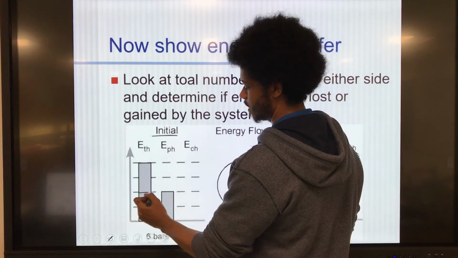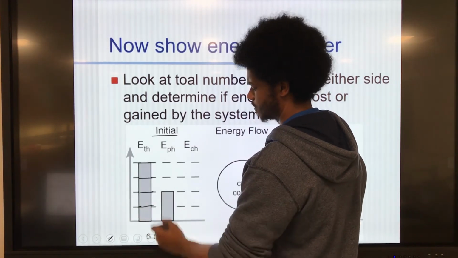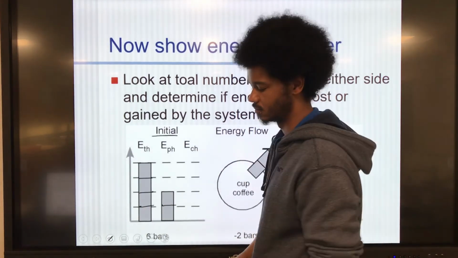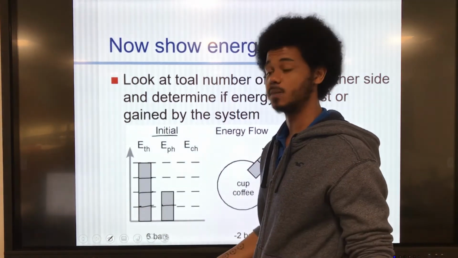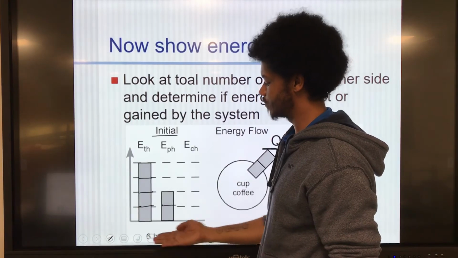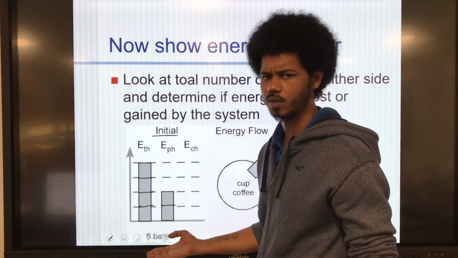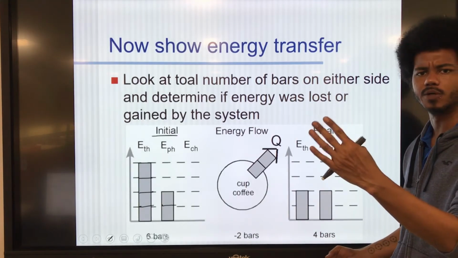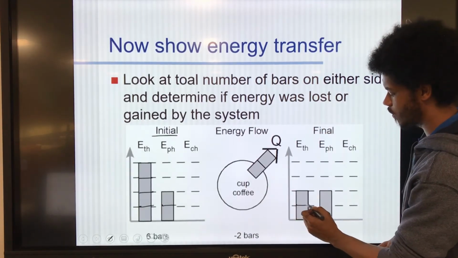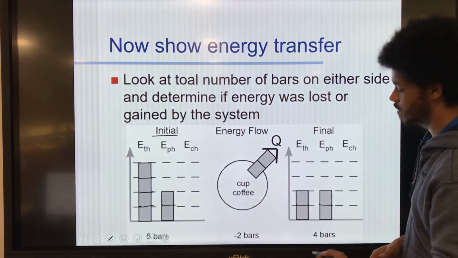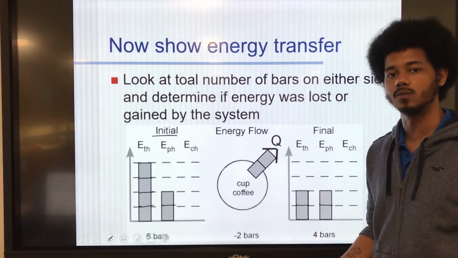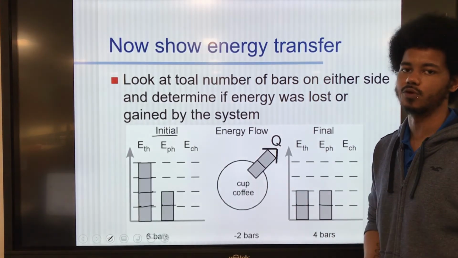If I separate these, we just count up these bars of energy, and there's 6 of them that we represented. Now, if we go over here to the final state, there's only 4 bars of energy. That's because the coffee lost thermal energy. The temperature of the coffee went down, so we lost some of our thermal energy.